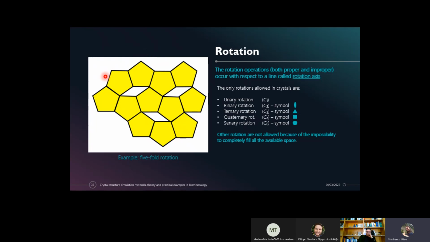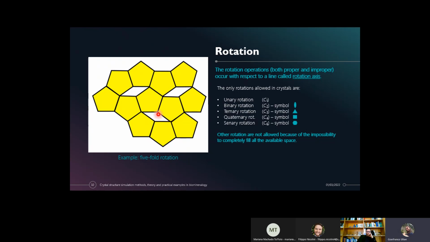Let's take this example here. The object, this is a pentagon, has a five-fold rotation axis. Let's try to fill all the gaps, so you can obtain a perfect filling pattern by repeating this object in space. As you can see, there is no way to place these pentagons in space without having these voids here.